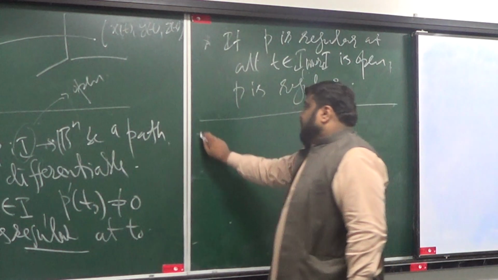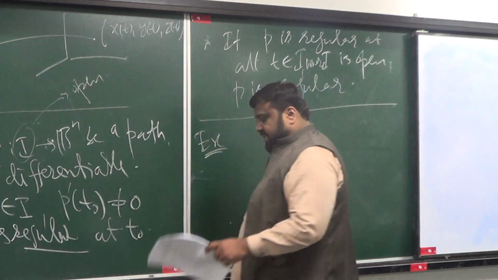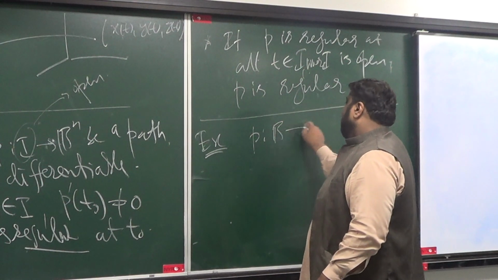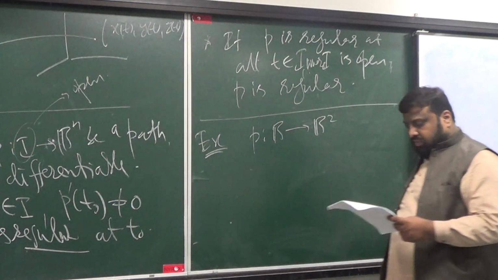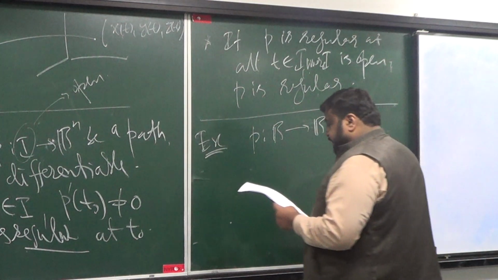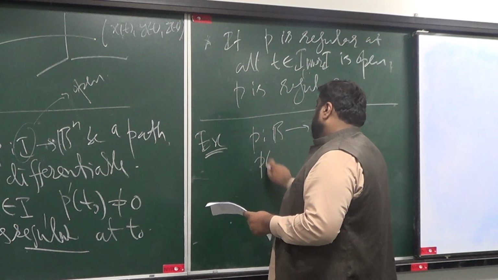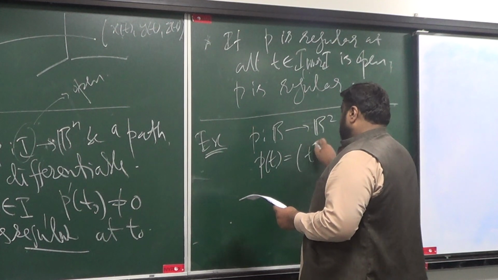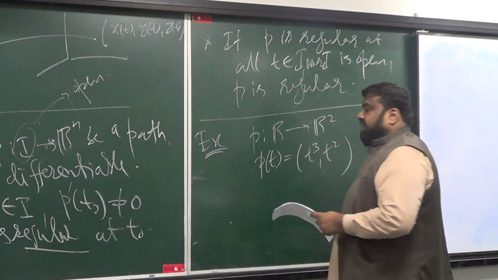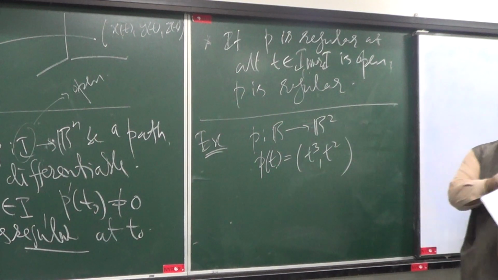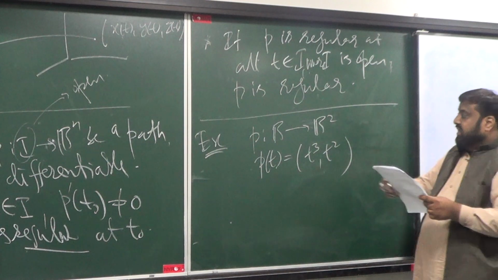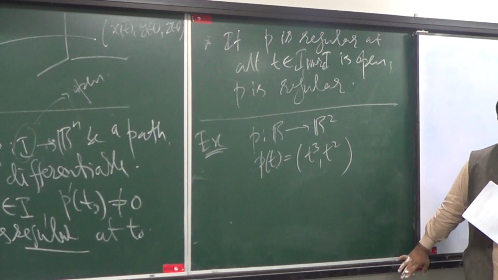Okay. So here's a quick, very interesting example. Imagine you have a map from R to R2, and the curve looks like this. So P of t is (t cubed, t squared). Okay, is this map a path? Yes. Why is it a path?